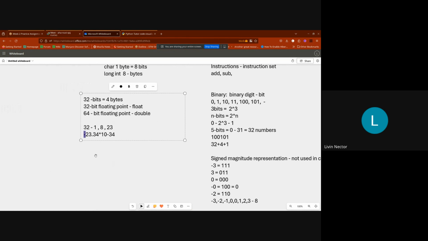This 1 bit will be used to represent whether it is minus or plus. 10 to the power of some integer will be there, and that integer is represented by these 8 bits. The number itself is represented by these 23 bits. That's how floating point representation works, for 32-bit floating point.